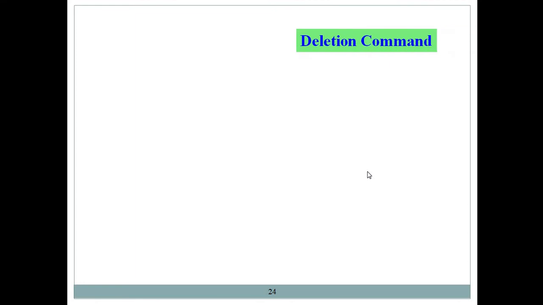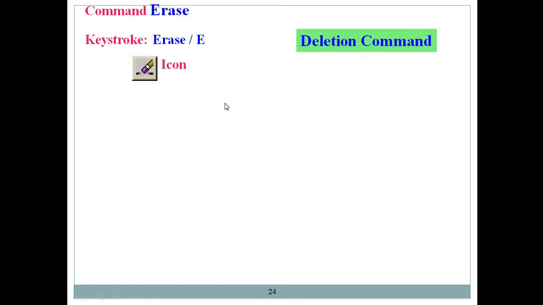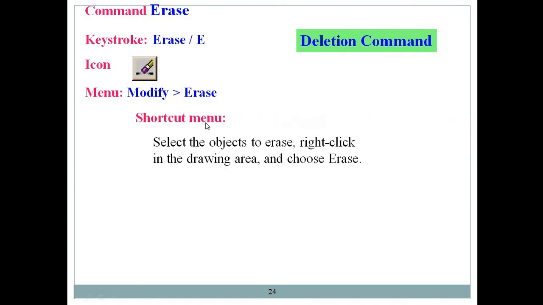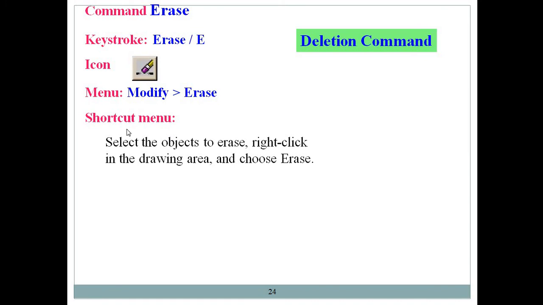Then the first one is the deletion command, the delete command. It is also called the erase command. The symbol is the erase oblique key. This is the icon of erase. In the menu, go to Modify and select Erase. Then in the shortcut menu, select the object to erase, right-click in the drawing area and choose Erase.